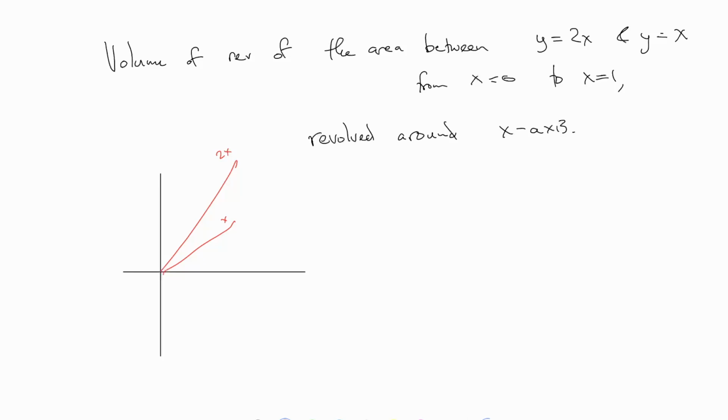And from x equals 0 to x equals 1, x equals 0 is over there. Here, I'll write x equals 1. And I want the area between those two curves, this region right here, and that triangle shape should be rotated or revolved around the x-axis. That's what I'm talking about. What does the shape look like?